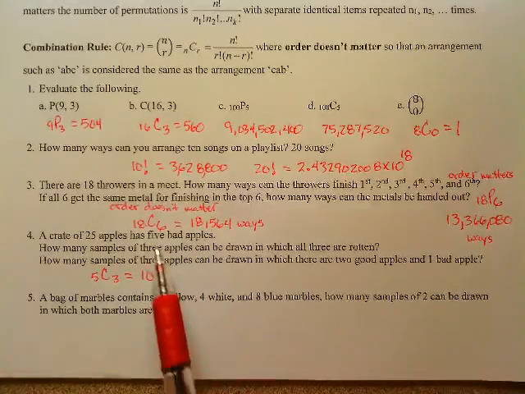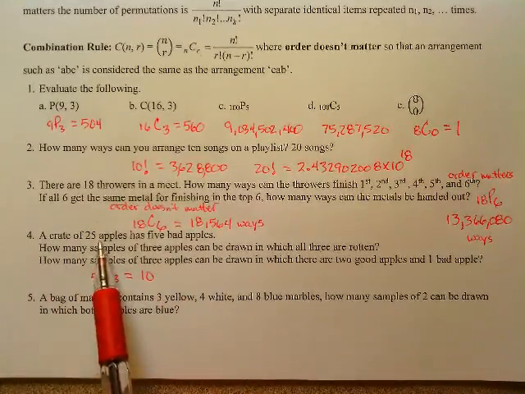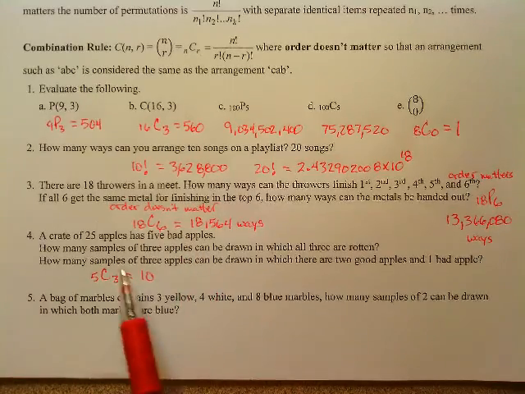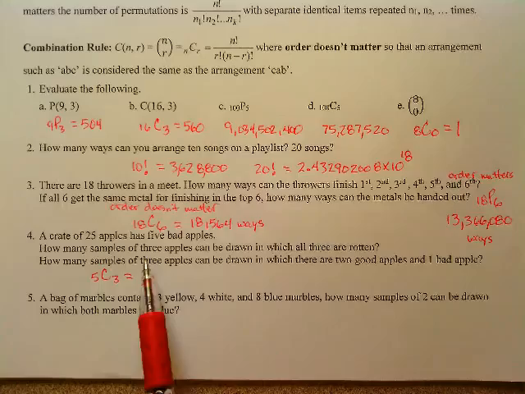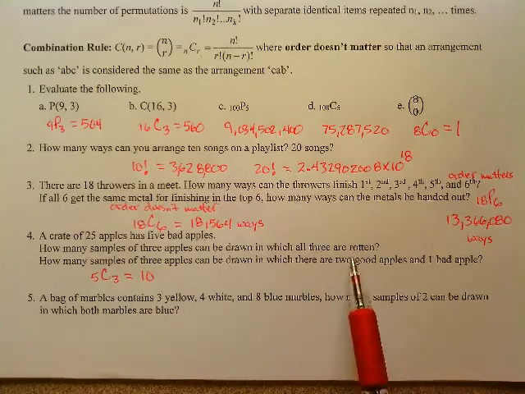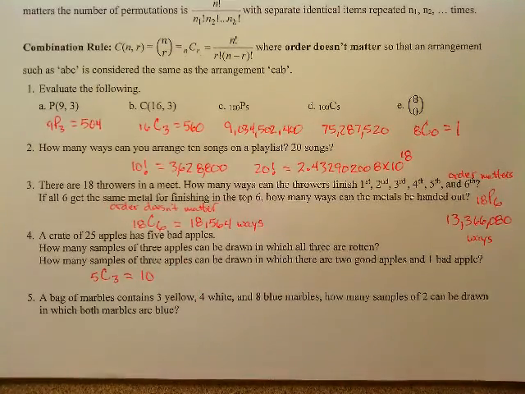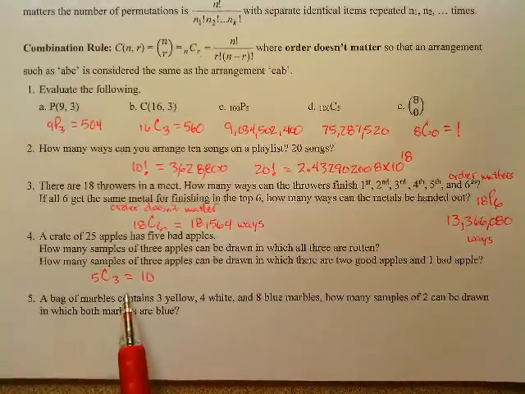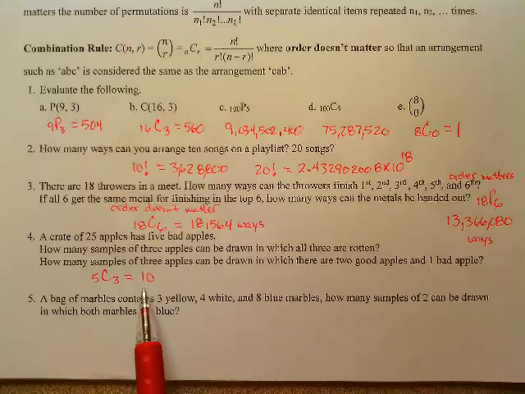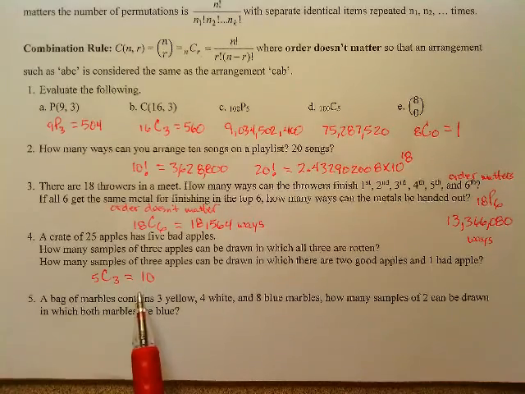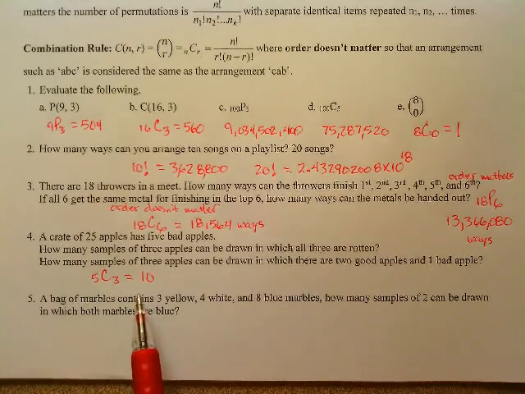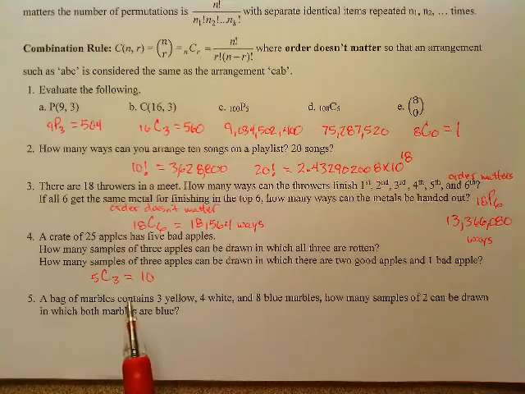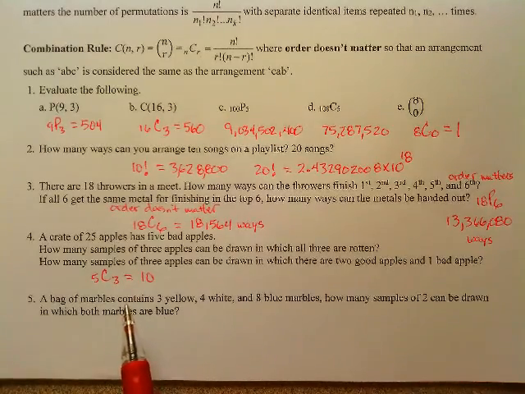Okay? And again, even though you have a crate of 25, there's only 5 bad ones. So you want to know, in picking 3 of them out of the 5 bad ones, how many ways can you do that? And so really what we're looking at here is, the first one could be the bad one, and the second one could be the bad one, and then you have 2 good ones, and then the 5th one's bad, or you could have the first 3 are bad, and then the last 2 are good.